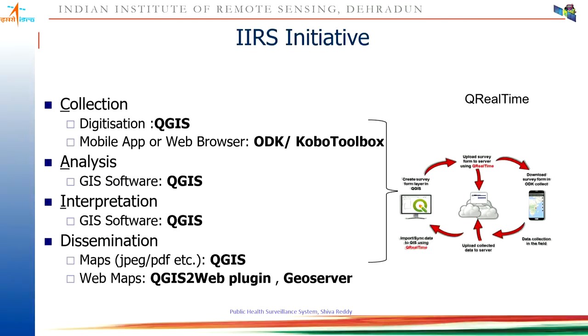So what Q Real Time, our initiative, is doing is translating on the fly ODK XForms to GIS layers, and vice versa, GIS layers to ODK forms, so that the analyst, or the person who wants to access the data, need not bother about these different technological terms and will seamlessly be able to integrate.